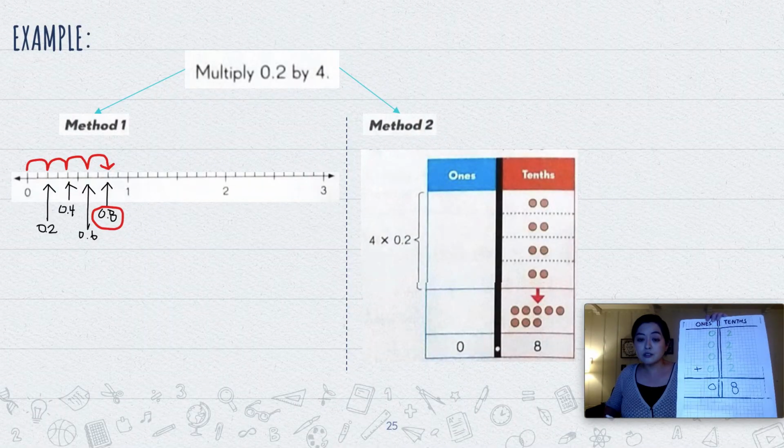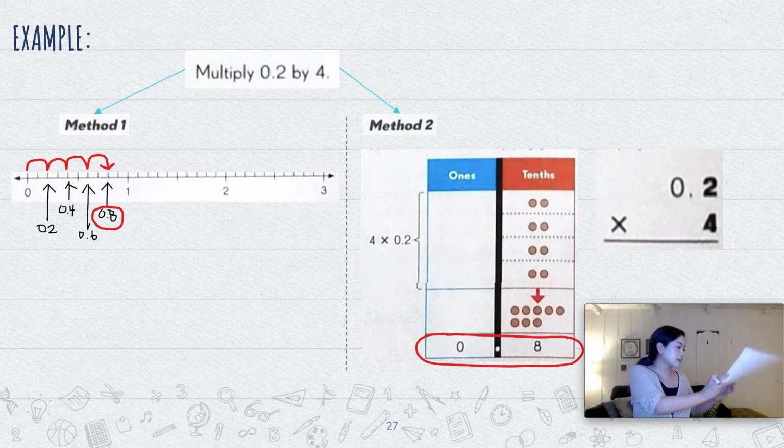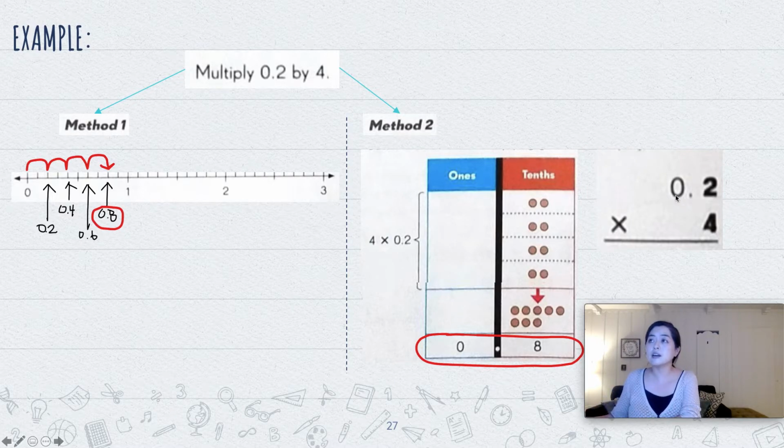Now we can also multiply it like this, by stacking it up. Notice here I have my decimal 0.2 and I'm multiplying it by how many groups there are, 4. I'm not writing my 4 in the ones place, because I am multiplying by how many groups there are.